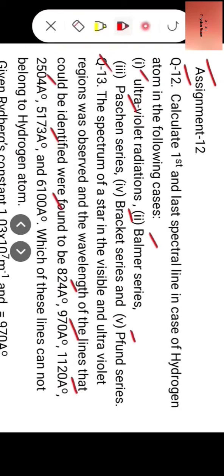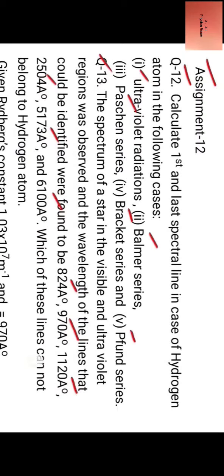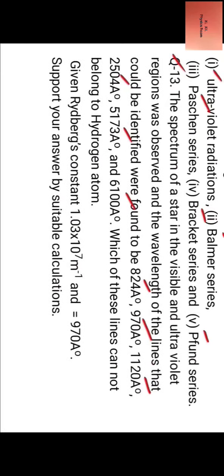Which of these lines cannot belong to the hydrogen atom? You identify which wavelengths do not belong to the hydrogen atom. Given Rydberg's constant 1.03 into 10 raised to 7 per meter and is equal to 970 angstrom. Support your answer by suitable calculation.